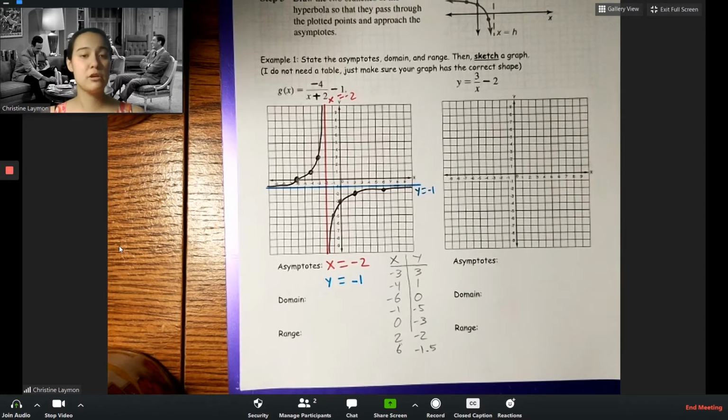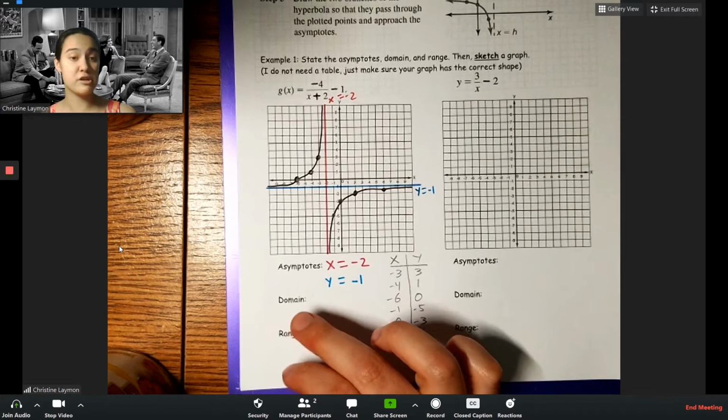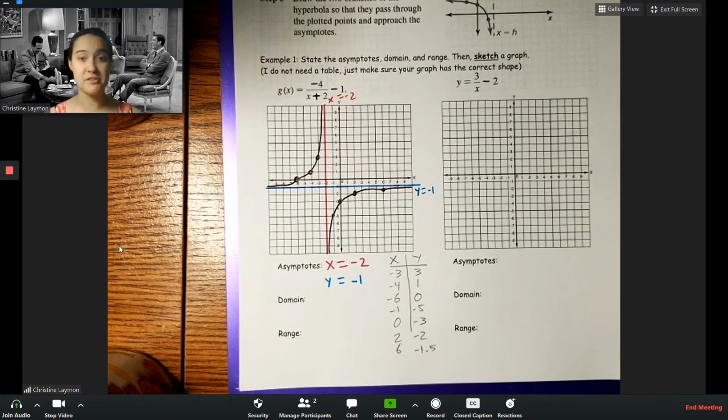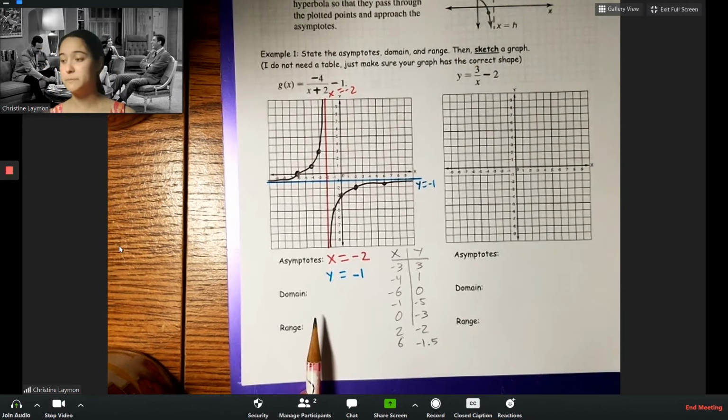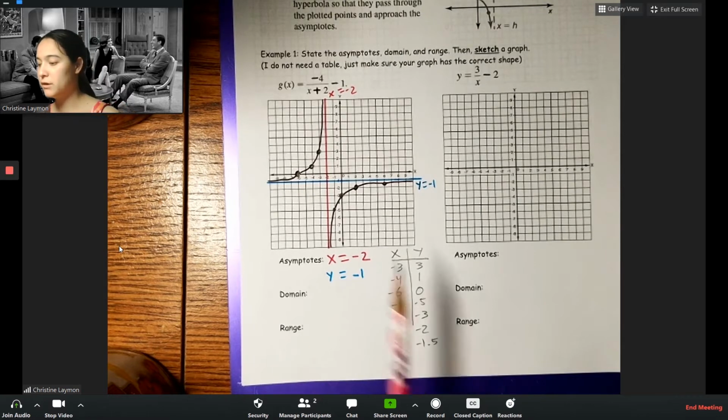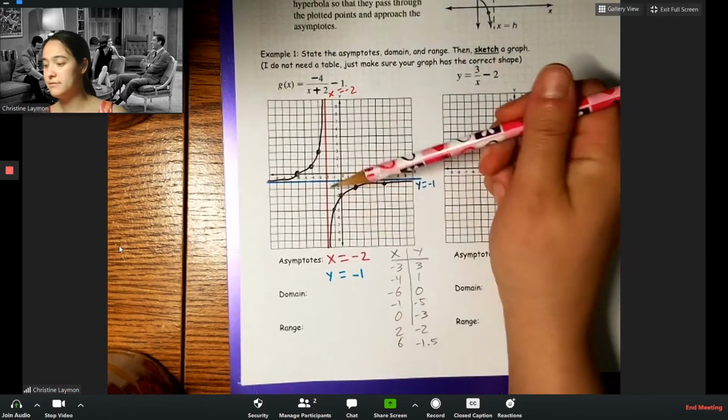Okay, so now I'm going to go ahead and write in the domain and the range. Now, we've talked about in class different types of ways of writing domain and range. For this first question, I'm going to show you the different ways. After that, pick a method and go with it. So here will be my first method. Domain are all the possible x values. Notice that you can have anything but -2.